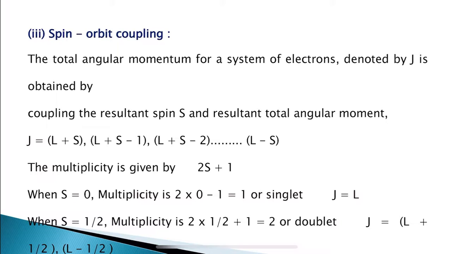As we all know, the atom consists of a nucleus, which is the centermost part of the atom, and electrons will have a definite angular momentum. We know that electrons always revolve around the nucleus, so they have a definite angular momentum.